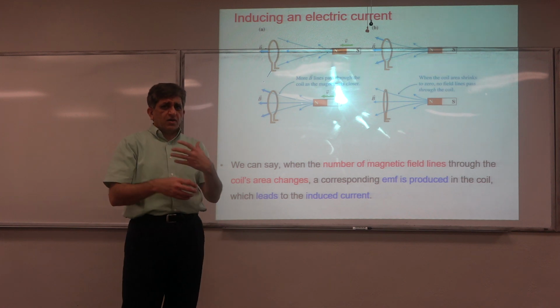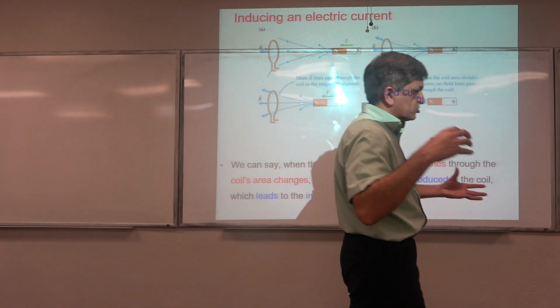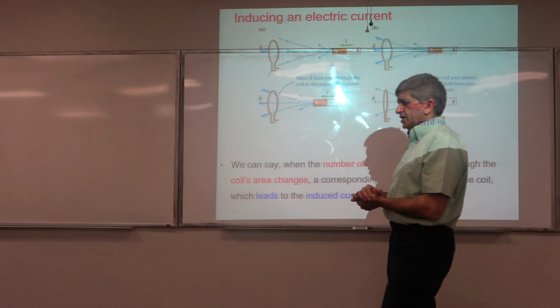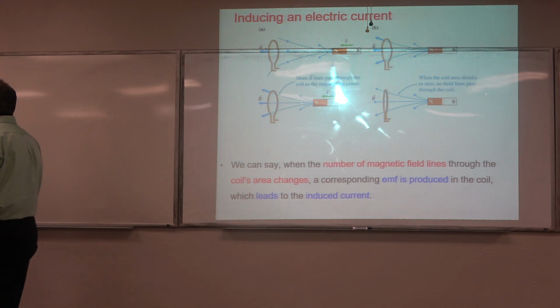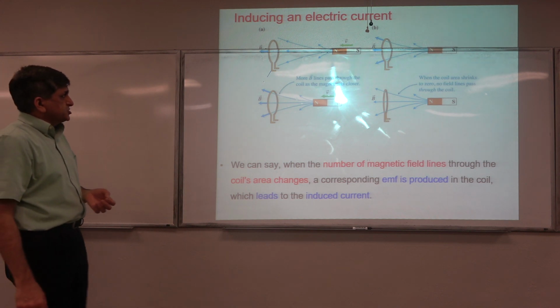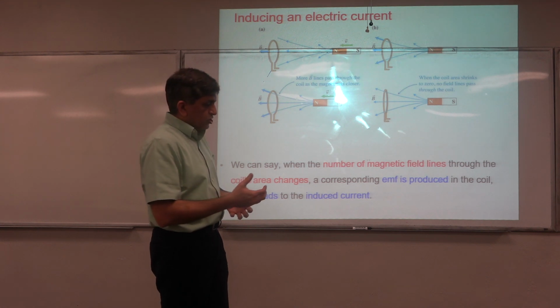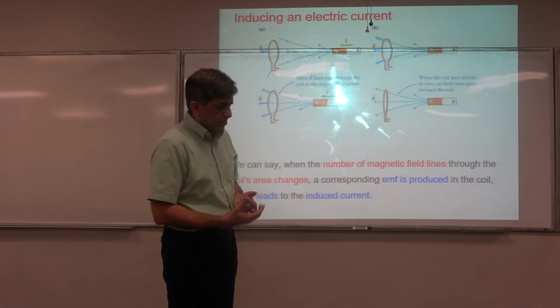It all depends on how many magnetic field lines pass through the conducting coil. The strength of the induced EMF will depend on the number of magnetic field lines passing through the coil. More magnetic field lines, more induced current. The more the magnetic field lines are changing through the coil, the more induced current is produced.